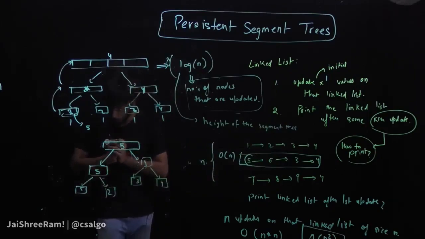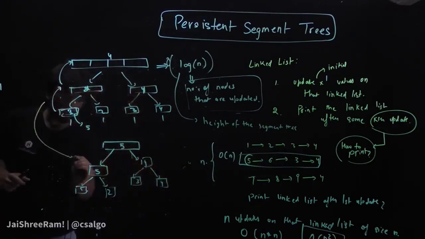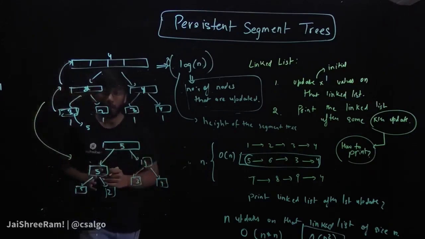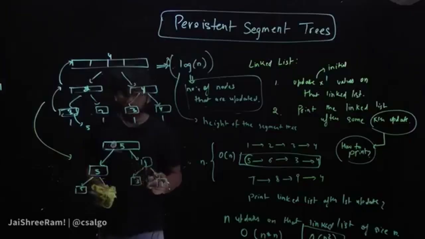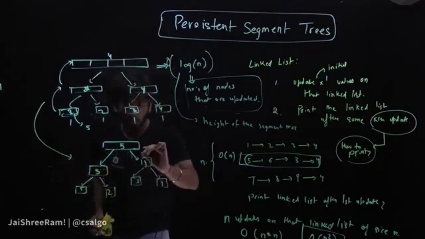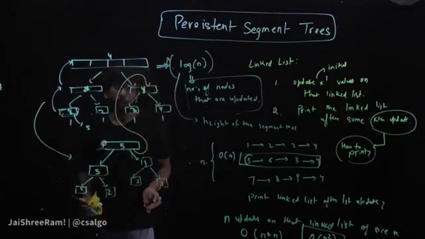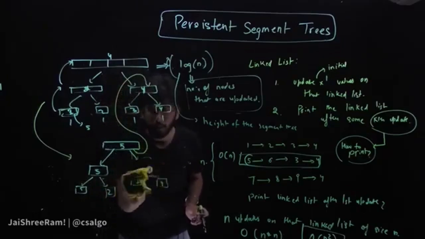So what better can I do to store all these updates? Like this is one update, so I don't need to store the entire segment tree all over again. So what I can do is keep some of the nodes the same and make the other ones point towards the previous segment tree, removing the extra memory that is being required.